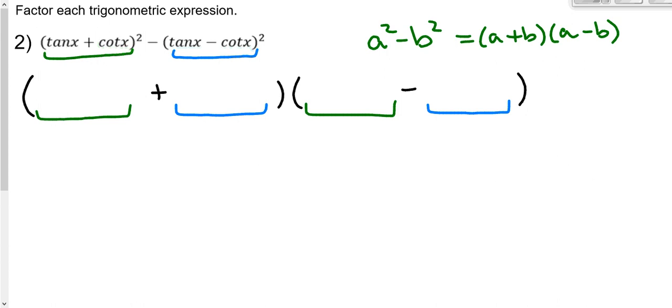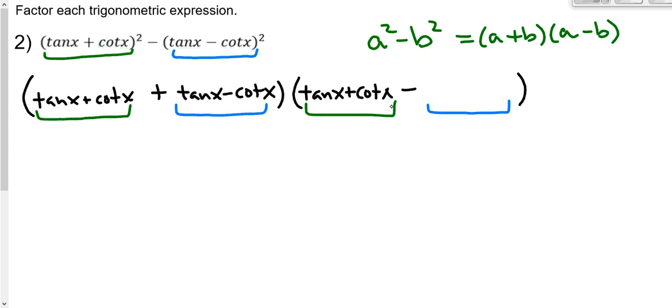So we have tangent x plus cotangent x, green, plus tangent x minus cotangent x, blue, times tangent x plus cotangent x, green, minus tangent x minus cotangent x, blue.